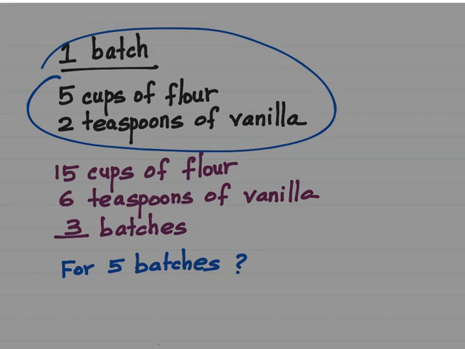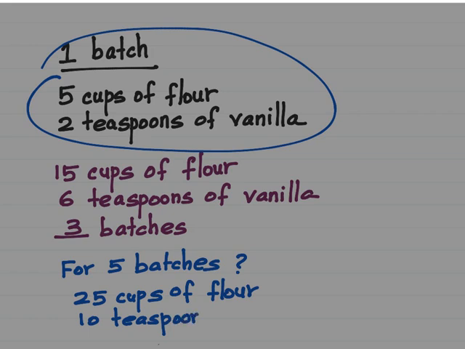So 5 cups of flour, 5 cups times 5, we need 25 cups of flour, and multiply the next value with 5. 2 teaspoons of vanilla, 2 teaspoons times 5 will become 10 teaspoons of vanilla. So the ratio for 5 batches will be 25 is to 10.